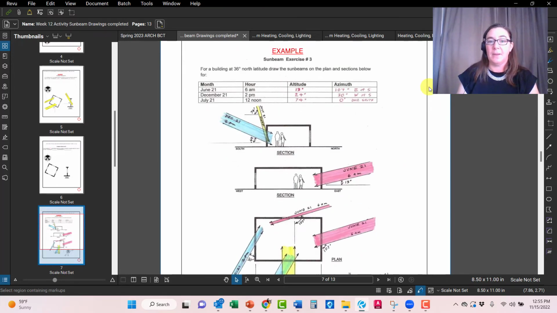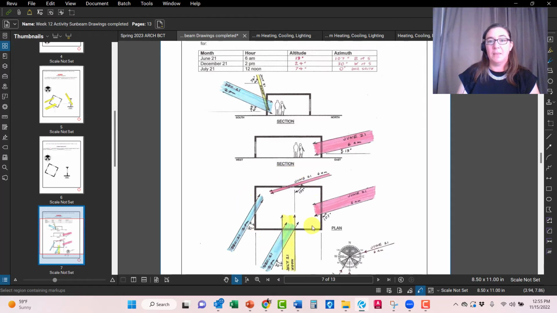Then you will come down here and start with the plan. We know with the plan that we're interested in the azimuth angles, and so you can diagram them right here on this plan. And then take a look at the section. There are 2 sections.